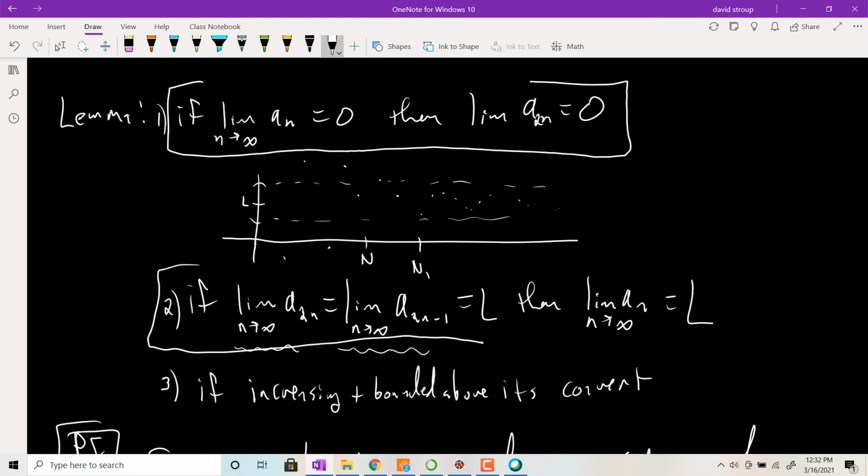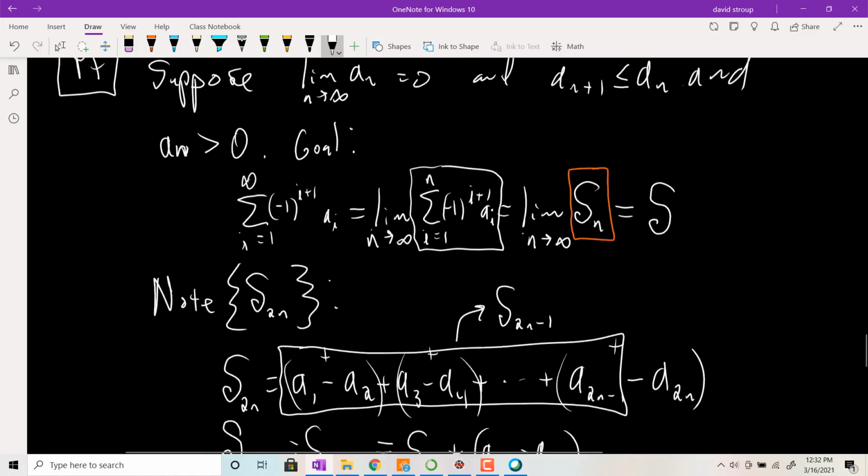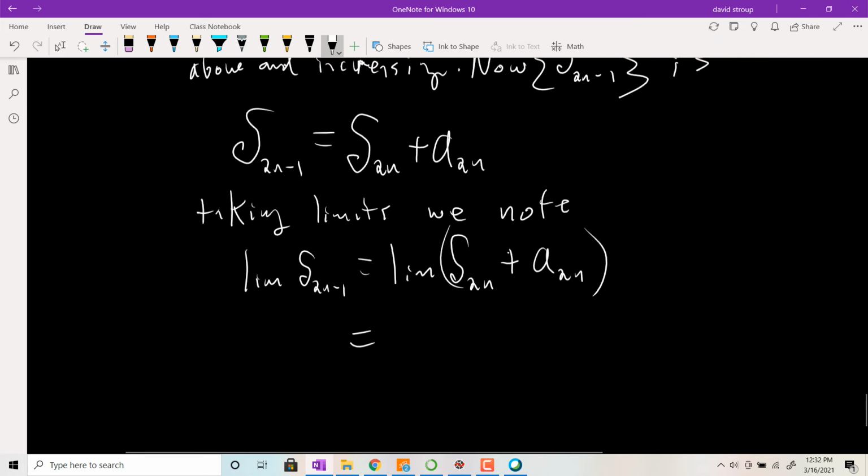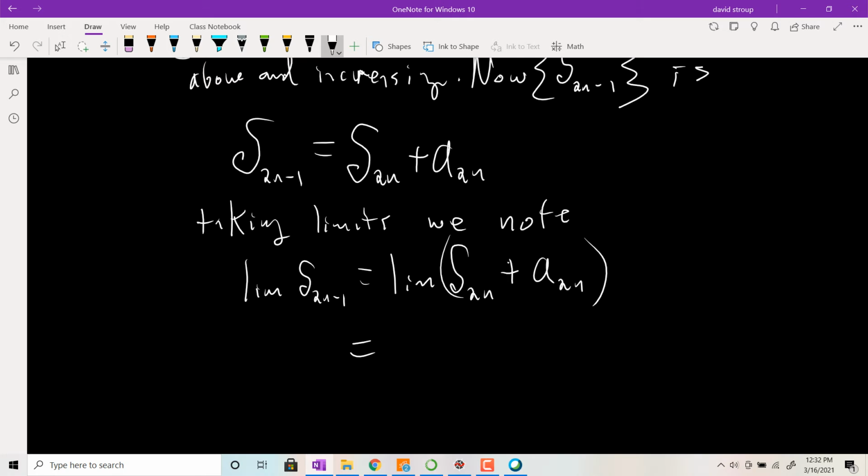That's like the first step in our criteria for showing something is convergent if it's alternating. So we already had that supposed, the limit of a sub n equals 0. Thus, from this little lemma, the limit of a sub 2n will also equal 0. So both of these limits exist.